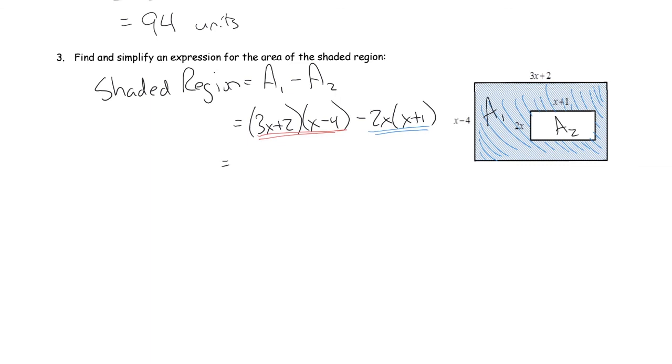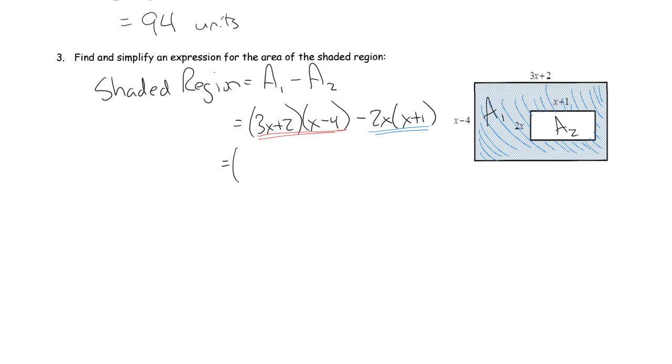Now, bear in mind the order of operations. I've got some multiplication going on here, and I've got some subtraction. So I'm going to do the multiplication first, but because subtraction has the ability to change terms, I'm going to put parentheses in.